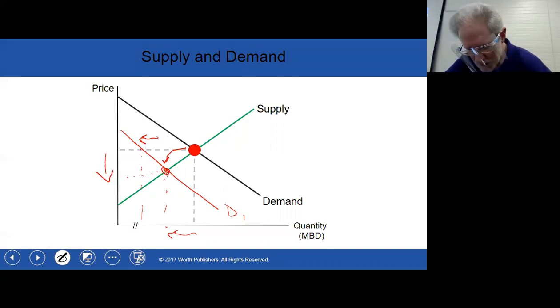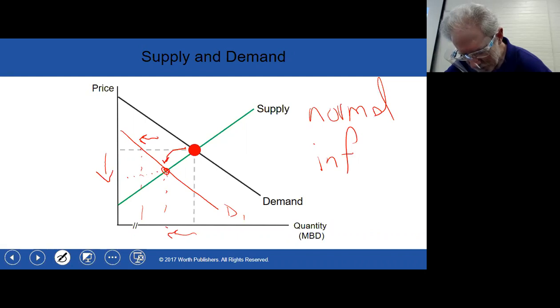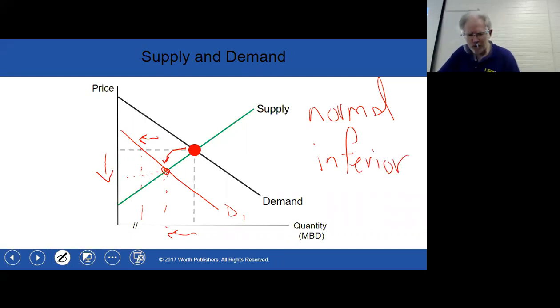And this brings in or focuses our attention on the distinction between normal goods and inferior goods. What's the difference? The inferior good has been used at some point.